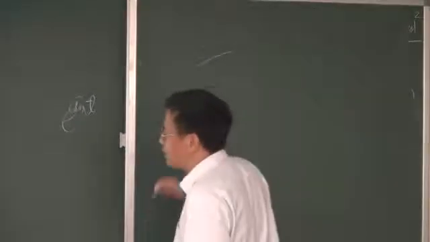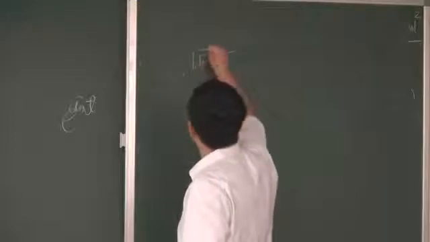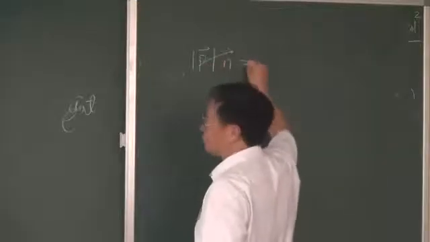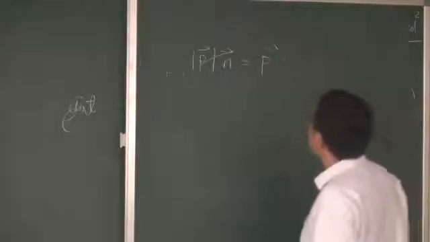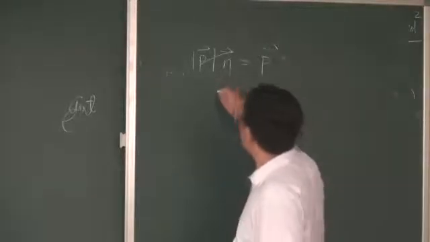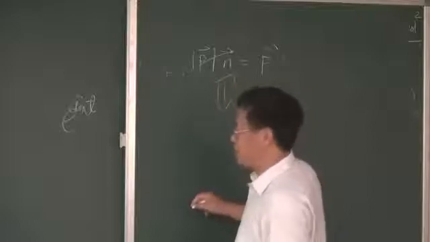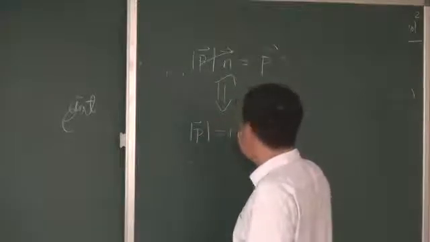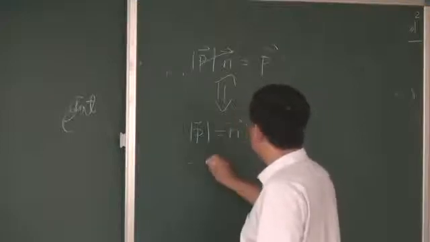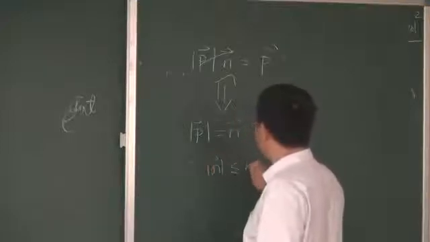The original constraint is that we try to impose u n equal to p, and this is not pleasant. We found that this constraint is equivalent to p equal to n inner product p, if you assume n is less than 1.